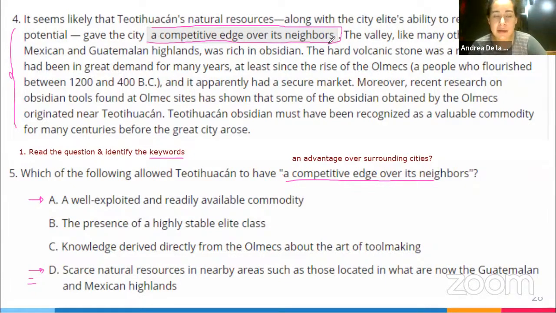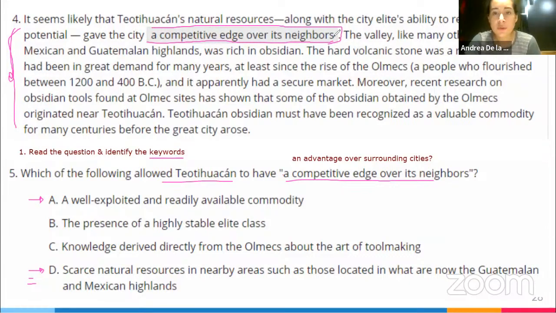You don't necessarily have to read the entire paragraph. That's the mistake most students make. They read everything and try to come up with a summary of the paragraph. They start getting different ideas and lose focus, because they're not asking about the entire paragraph. They're asking specifically what allowed Teotihuacan to have a competitive edge.